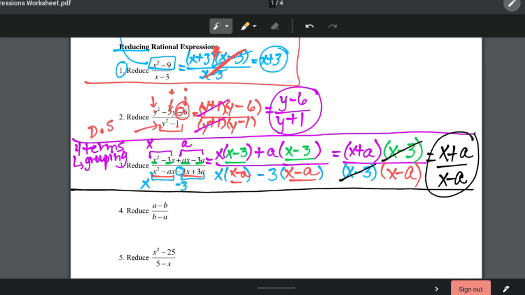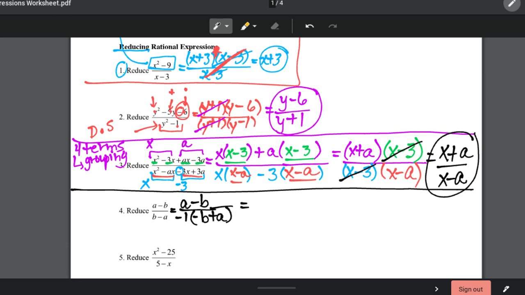Try factoring out a negative 1. So if I factor a negative 1 out of, let's say, the bottom, I'm going to carry my numerator over. The denominator, I'm going to factor out a negative 1. That will leave me with negative b plus a.